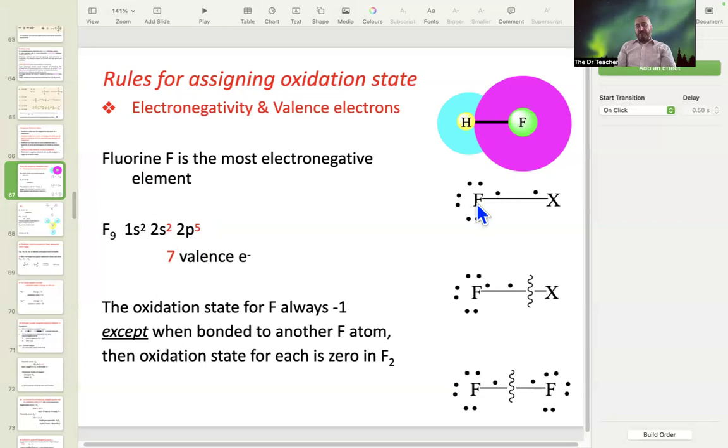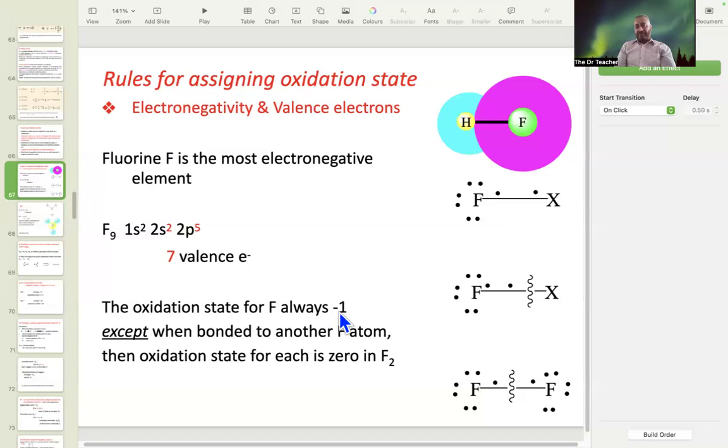Let's put the 7 beside the fluorine. So 7, we can leave them as 3 lone pairs and 1 single electron. We come to the oxidation state of fluorine, always -1.